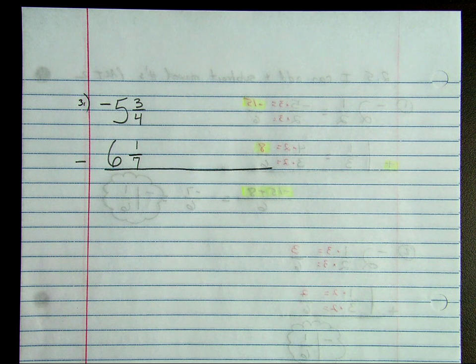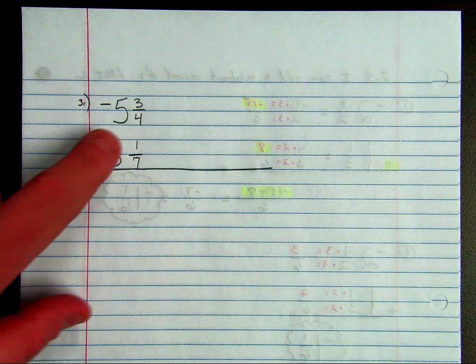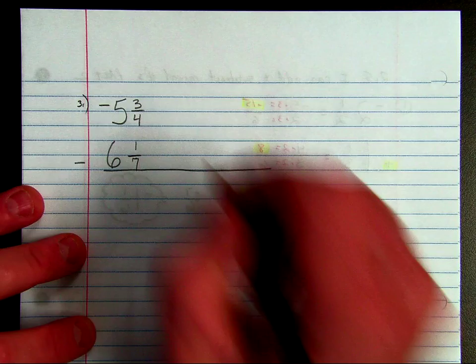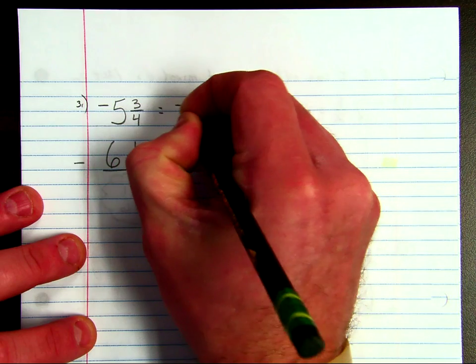We have a 4 and we have a 7. What would our common denominator... Oh, actually, you know what? Let's do this first. Let's do the first method. Negative 5 3/4. What's that as an improper fraction? Good. Negative 23 over 4.